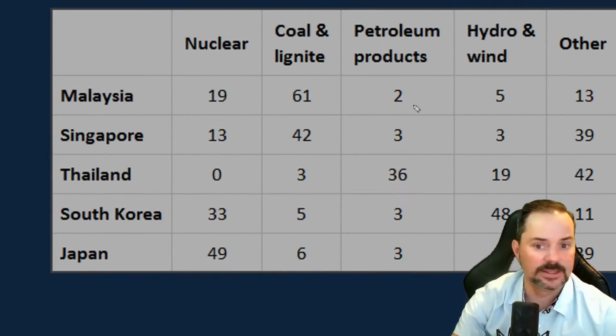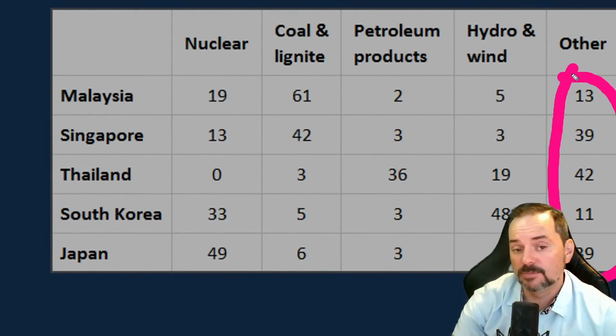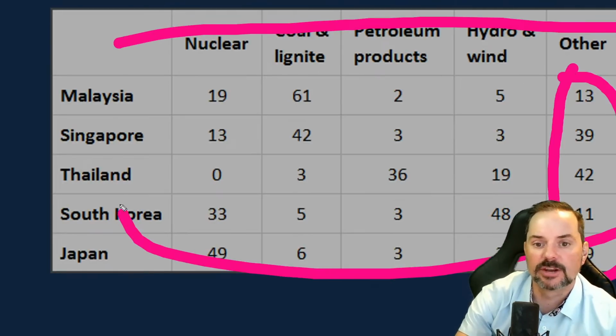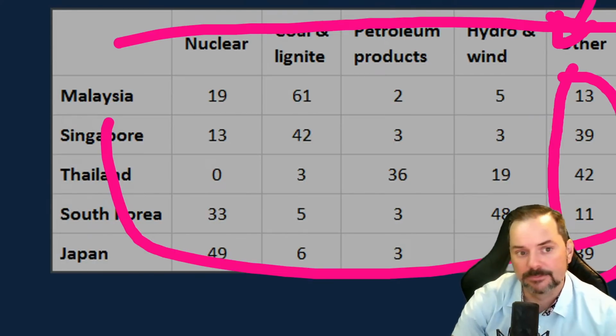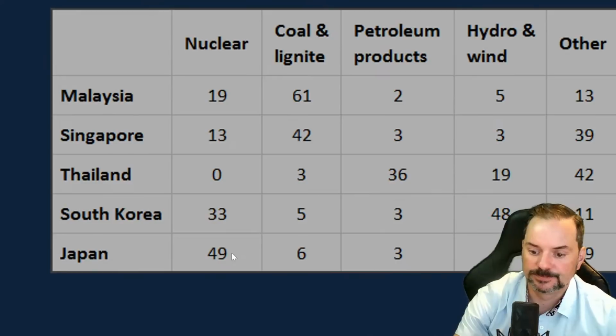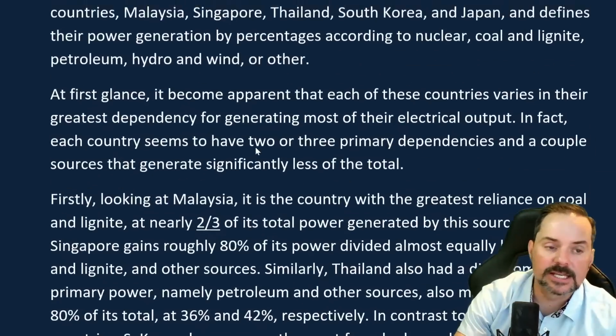So I can see that this column seems to have all the double-digit numbers, which means that I should probably do some more research if this is my table and try to figure out what some of these other power sources might be, right? Because there seems to be quite a heavy dependence on other. Okay? All right, and then I read this.